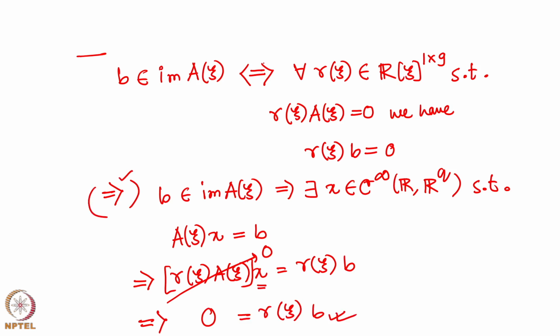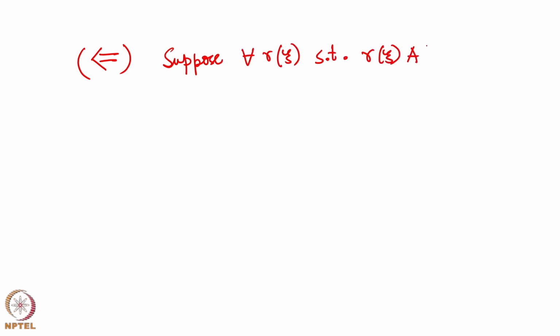The other direction is the more difficult one. We need to prove the following. This is what we need to prove. Yeah. What does this mean? This means we assume, suppose, for all R(ξ) such that R(ξ)A(ξ) is equal to 0, we have R(ξ)B equal to 0.